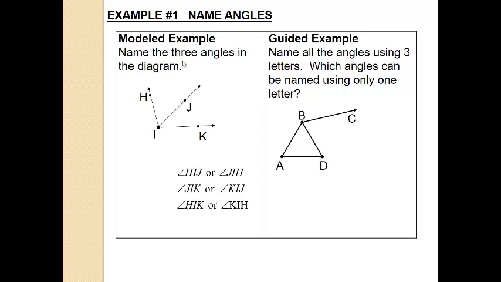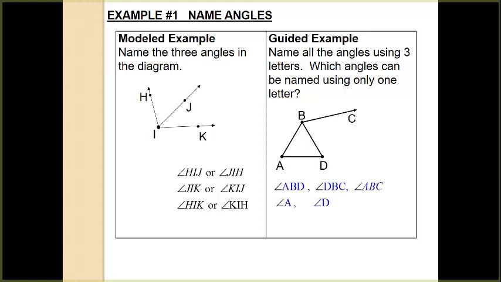What I want you to do is pause the video and go through the guided example and see if you can find which angles can be named using only 1 letter, but name all the angles using 3 letters. Okay, so for this you have ABD, that's that first angle, or it could be DBA, but you have to make sure that the vertex is in the middle.